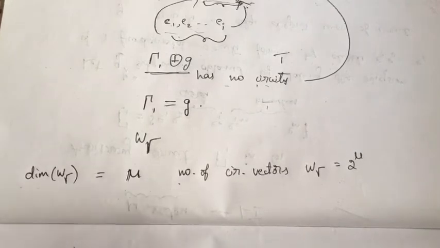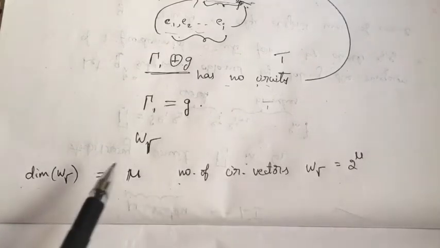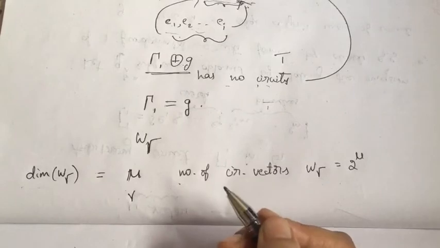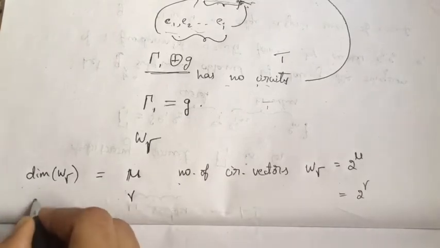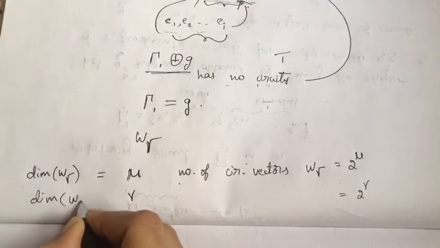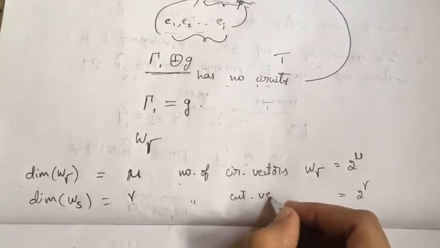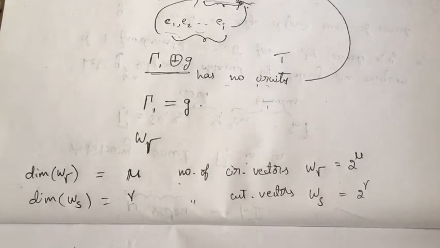In a similar way, I can even prove that the set of cut set vectors corresponding to the fundamental cut sets with respect to any spanning tree form a basis for the cut set subspace. In the same manner, the dimension of the cut set subspace is equal to the rank, and the number of cut set vectors in Ws is equal to 2 to the power r.